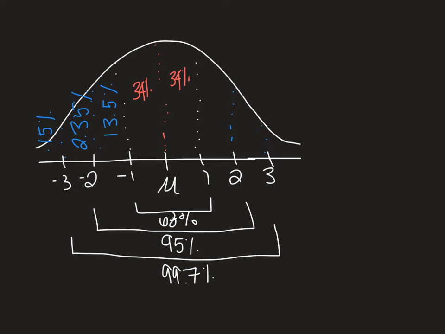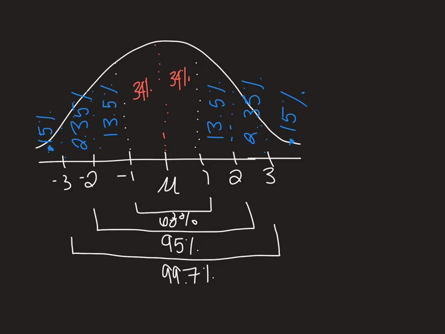And then the same thing would be on the other side because this is symmetrical. 13.5%, 2.35%, and 0.15%. Okay, you're going to use this to help you answer the questions that you are being asked.